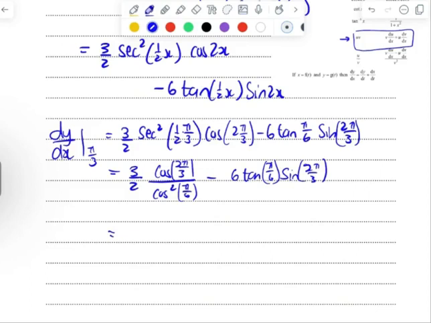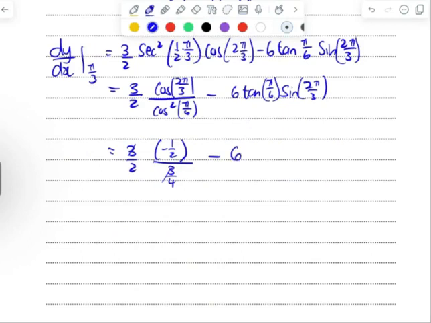Okay, cos 2 pi over 3 is minus a half. And then cos of pi over 6, and then everything squared is 3 over 4.